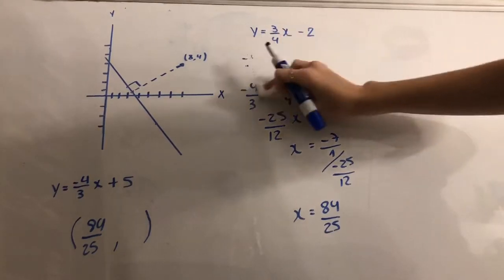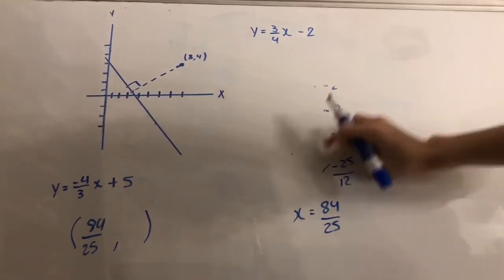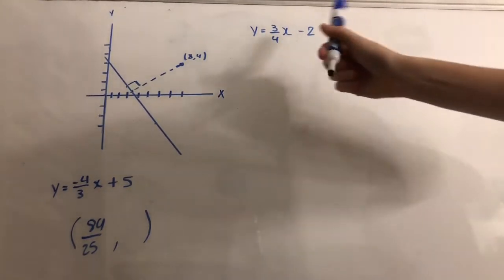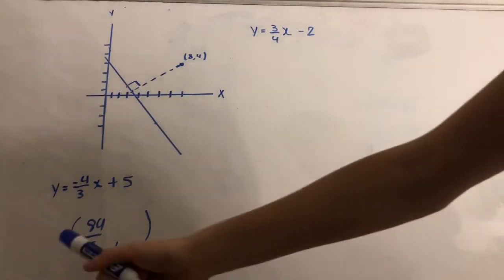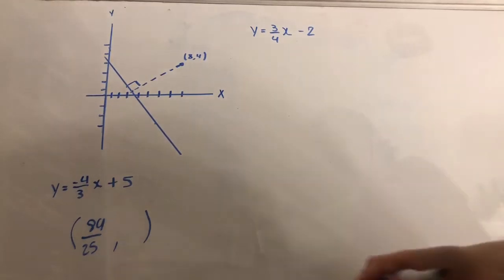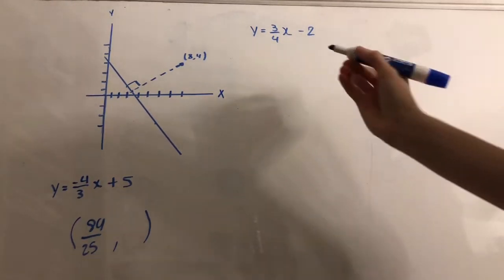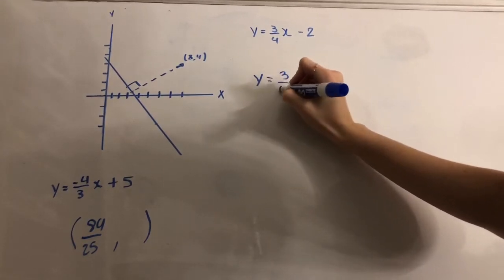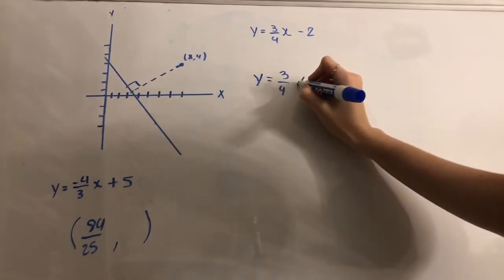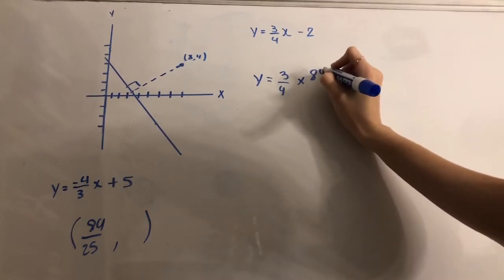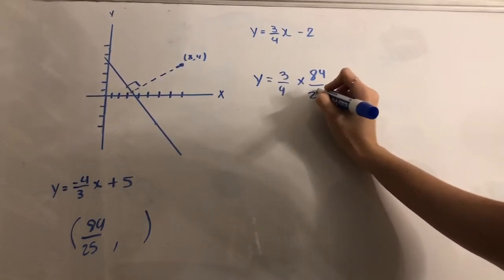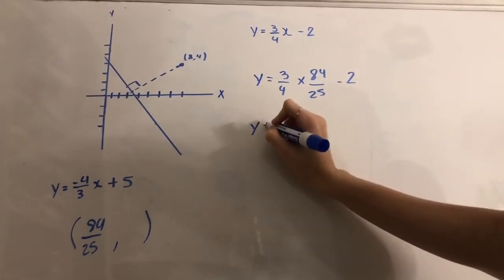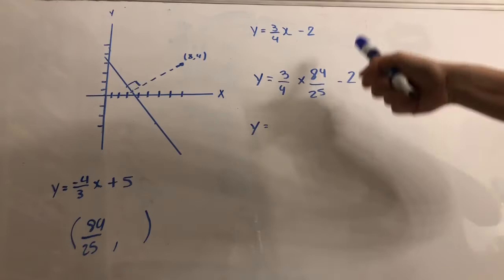To do this, we're going to replace in the perpendicular equation of the line. We're going to replace for x the value 84 over 25 that we just found out. So we're going to do y equals 3 over 4 times 84 over 25 minus 2. So we're first going to solve this.